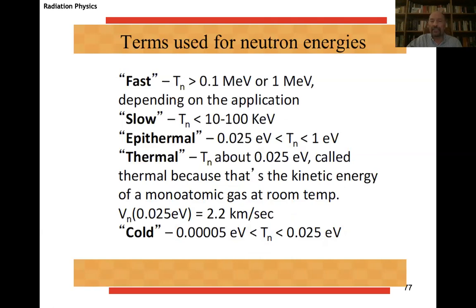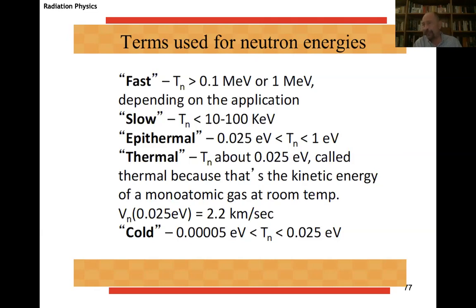Neutrons are divided in different regions depending on the energy, and they are very different. Generally, people speak about fast neutrons every time you have energies greater than 0.1 MeV or 1 MeV.